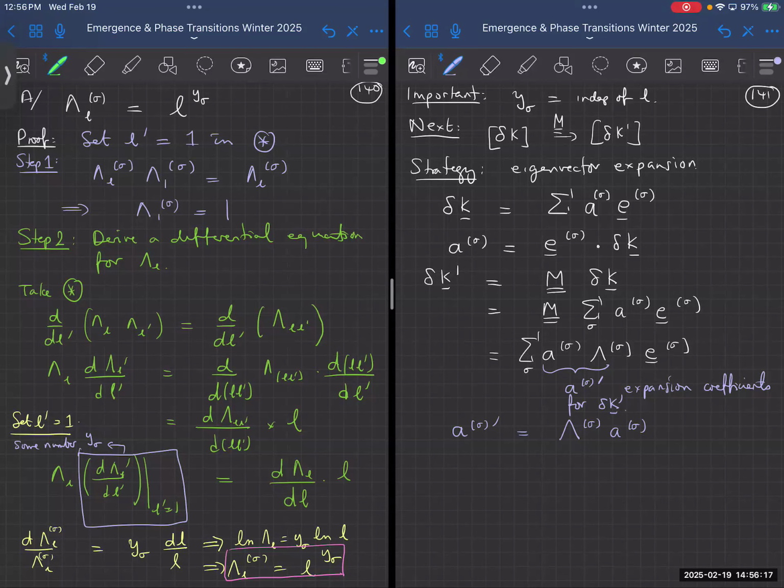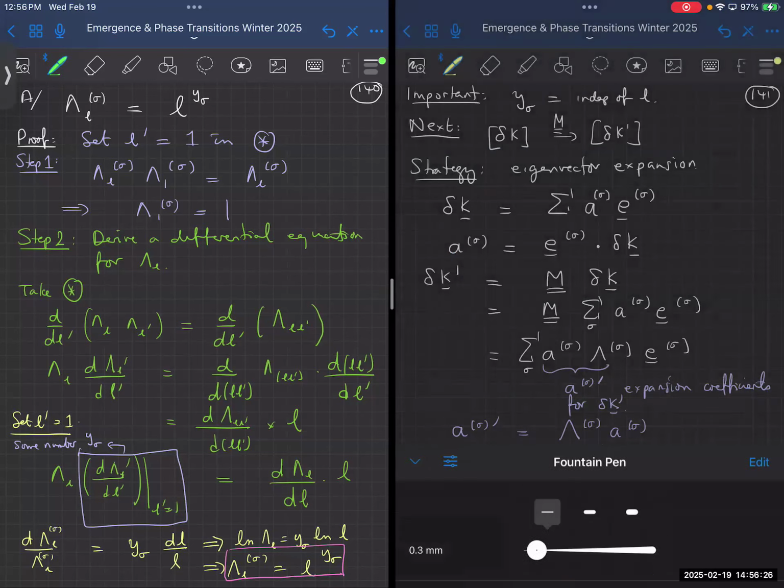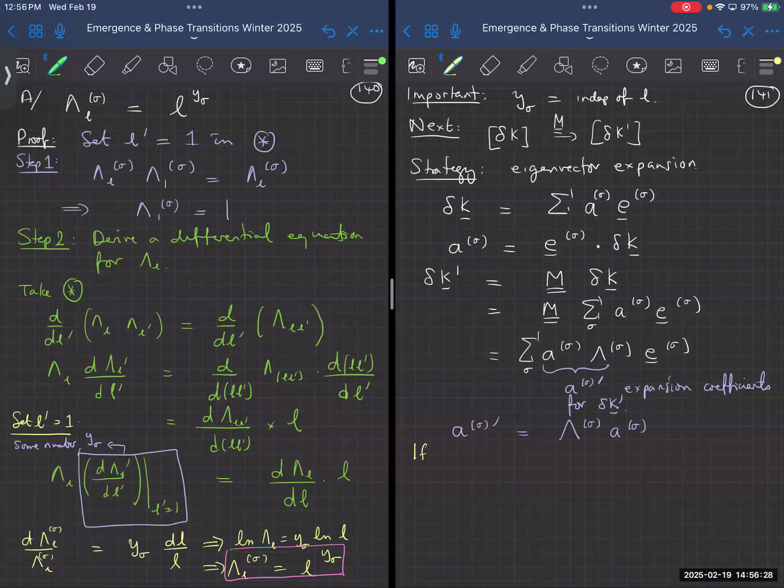Okay, and so they could be less than one or greater than one. So if lambda of sigma is greater than one, then that direction, as it were, in eigenvector space, that direction grows. And if it's less than one, then that direction shrinks.